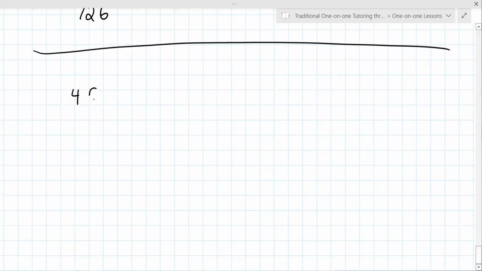Okay, let's do another problem here. Let's go 45 times 8. Okay, so we're going to break up this 45 into 40 plus 5. So you've got to do 8 times 40.